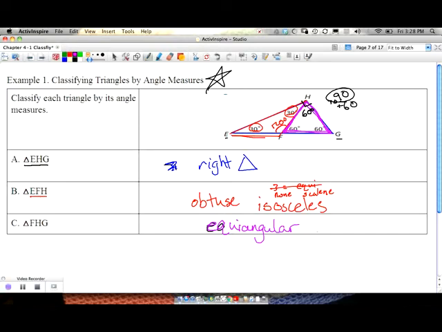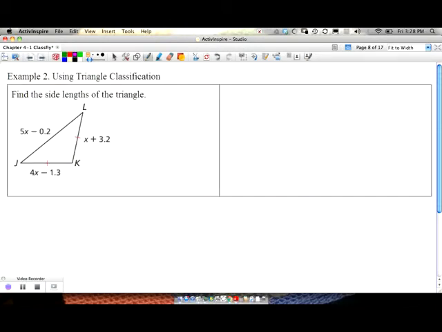Now, what do I know? Well, I'm looking at this picture and I see that these two pieces are the same. And if those two are the same, anything that's the same, I can set equal. So then I'll have 4x minus 1.3 equals x plus 3.2.